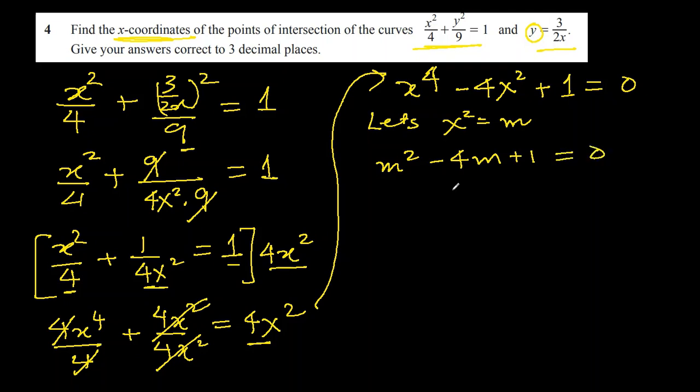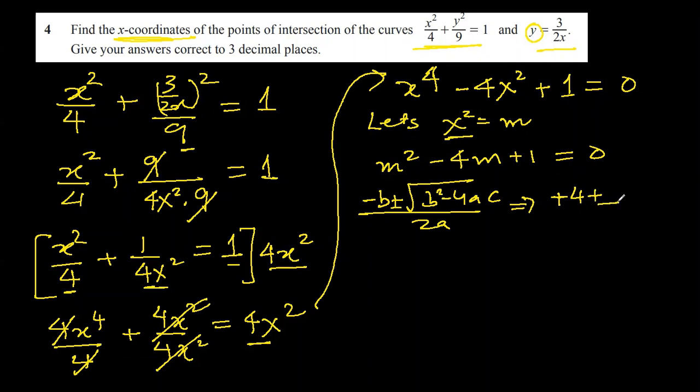minus 4m plus 1 equal to 0. Factoring may not work in this, so I will use the quadratic formula, which is minus b plus minus square root of b squared minus 4ac over 2a. It's given in your formula sheet on the first page of the exam. So minus 4 is your b, so minus 4 will be positive 4 plus minus square root of 4 squared minus 4 times 1 times 1.